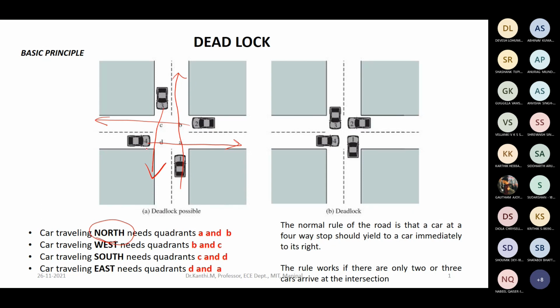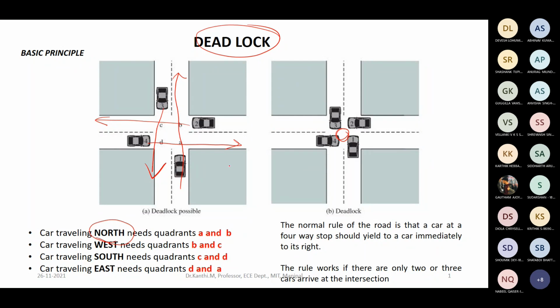In case all the vehicles join at that junction, the one about to go west, then the south, the north and the east, there is no space, so nobody is able to move. This situation we call a deadlock. Even though there is a road, nobody is able to avail it.